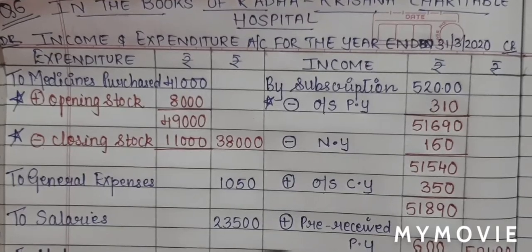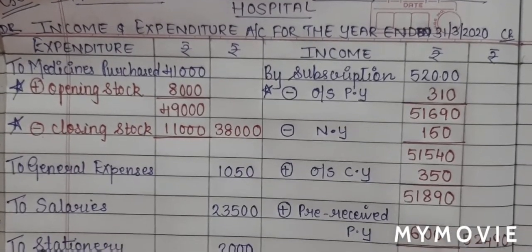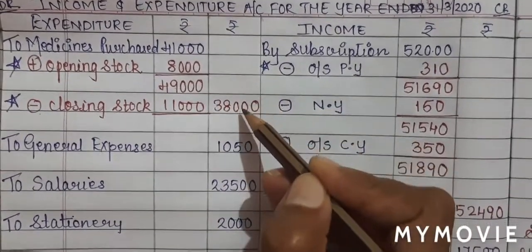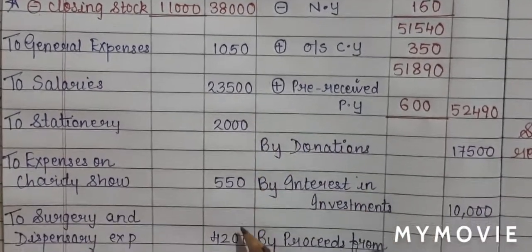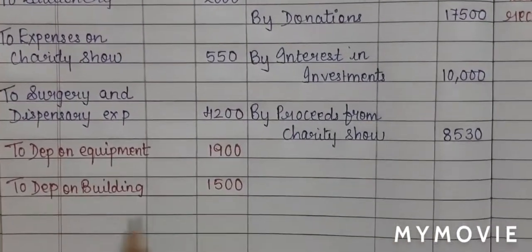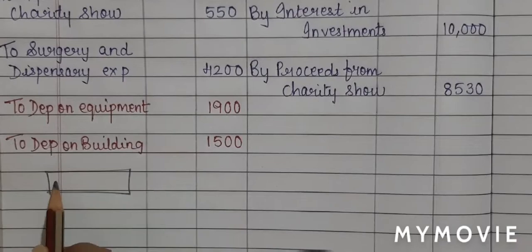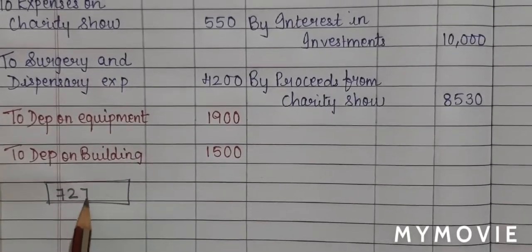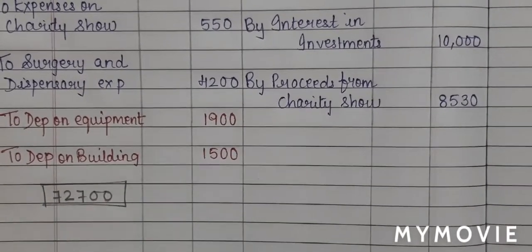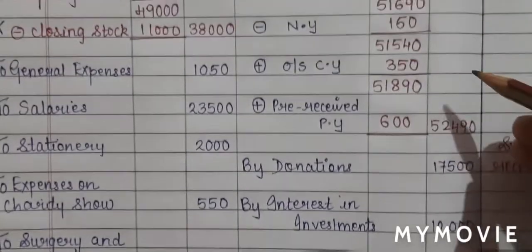We will first close income and expenditure account. So first we will total the expenditure side. So when I total the expenditure side, I get a total of 72,700. Now I will total the income side.